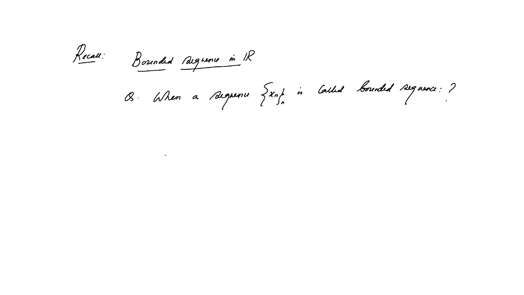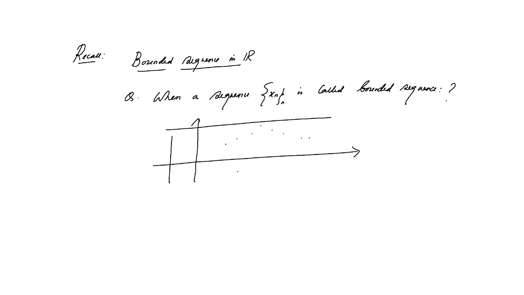The answer is, if we think about each member of the sequence like this, we can bound it between two real numbers. So these are the elements of the sequence, say, and we can bound it by two real numbers, one here minus k and one here k.